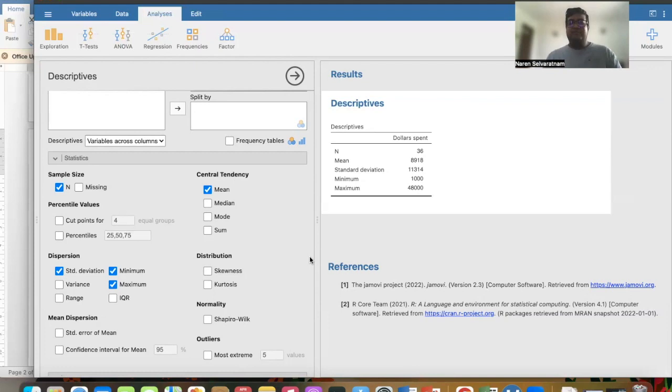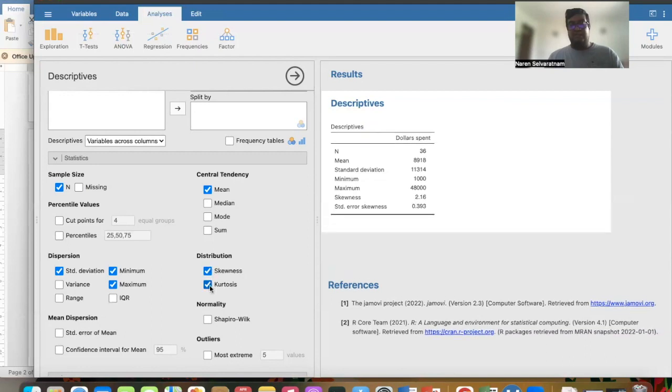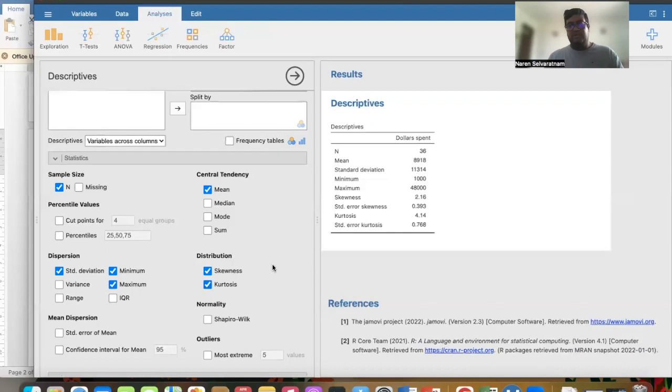Now I need to get some understanding about the distribution of the overall data. So I'm going to just go and see the skewness and kurtosis as well. Generally, values closer to zero are considered very good, so that the data do not indicate a skew, which means a tail to one of the ends, and it doesn't indicate any kurtosis.